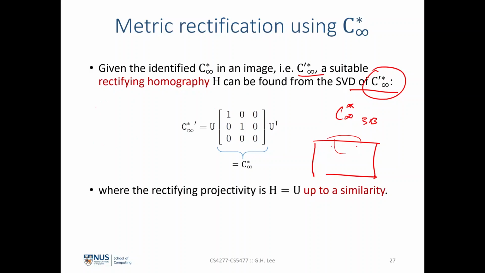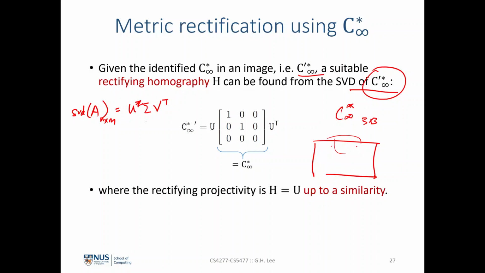the usual SVD of a matrix A, which is n by m, would give U transpose sigma V, or the other way around. You can put the transpose here, it doesn't matter.